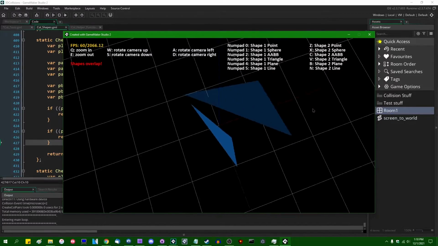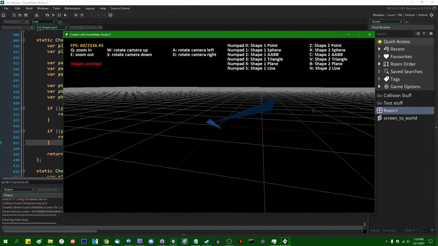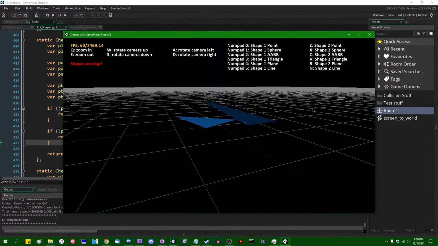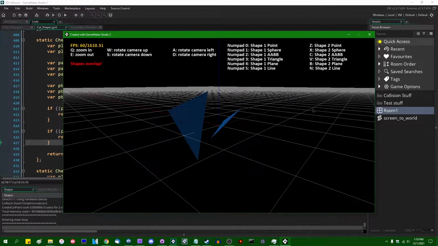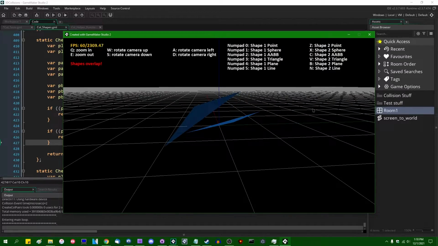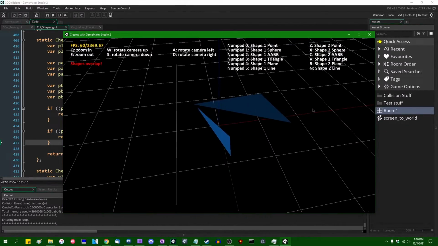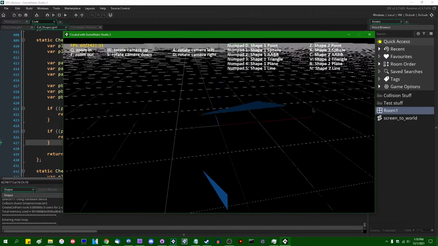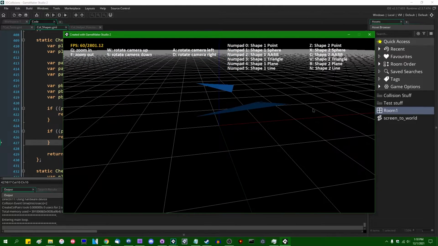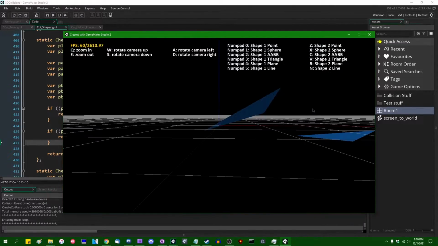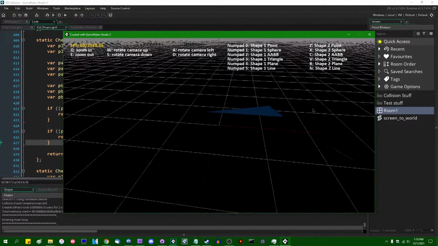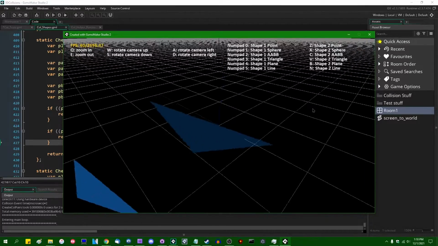These triangles are not actually intersecting, but the game currently thinks that they are because the 3 points of both triangles happen to be on different sides of the plane of the other triangle, even though there's no actual intersection. If I were to move one up or down, you can see that collision is no longer being detected side to side. And this is generally working in a lot of cases.